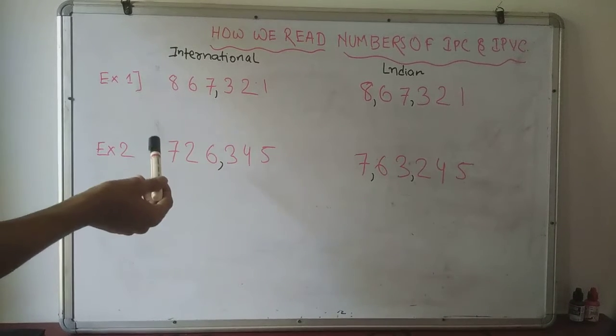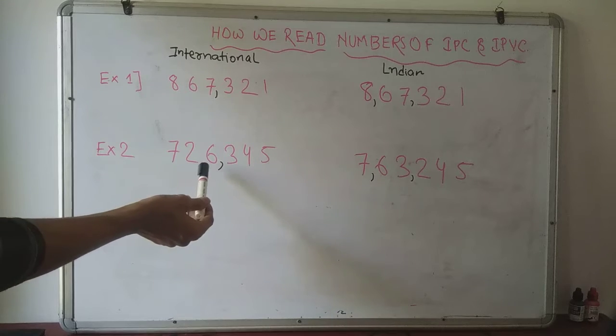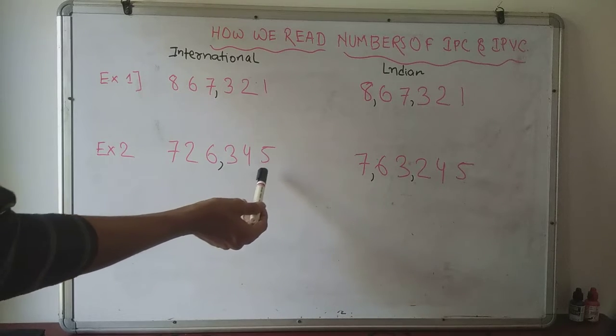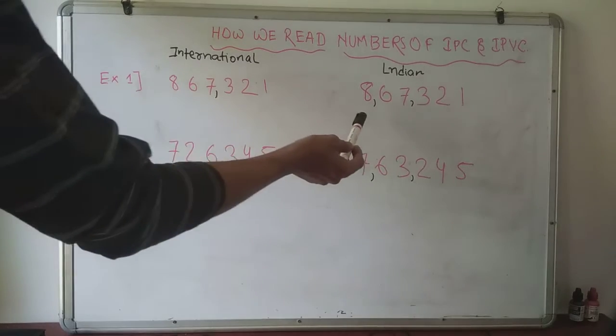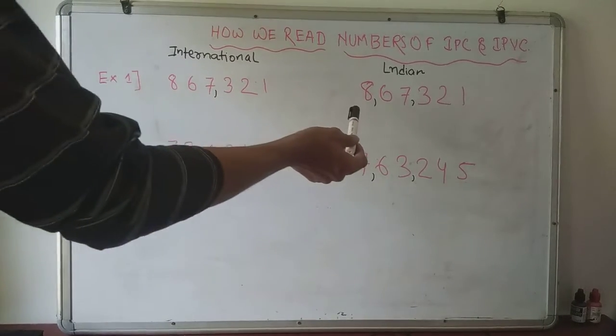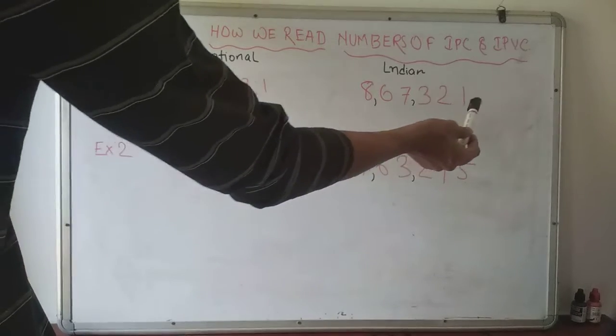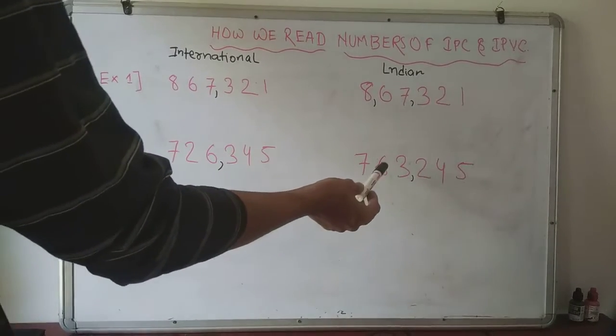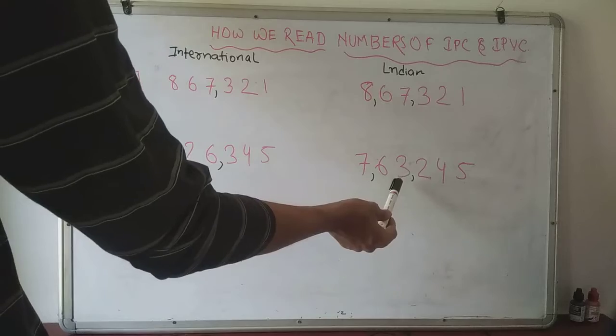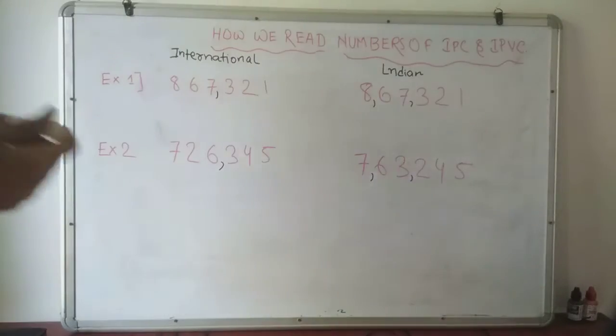Now, in the international number system, we have to read this number as follows: 867,321. Similarly, 726,345. In the Indian place value system, we read as 8,67,321, whereas 7,63,245.